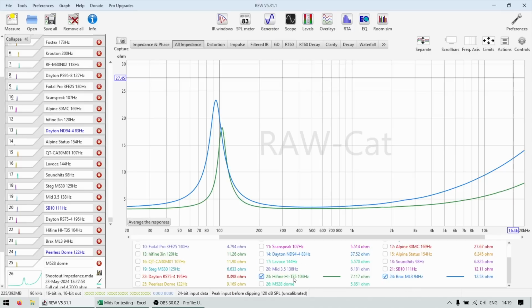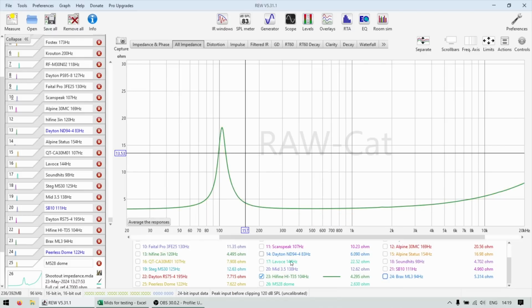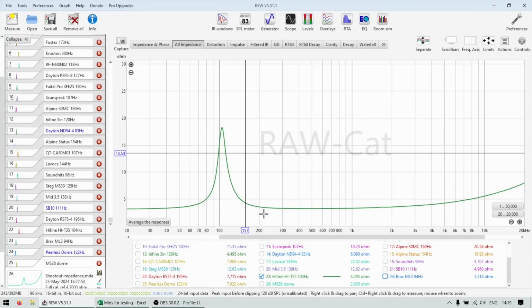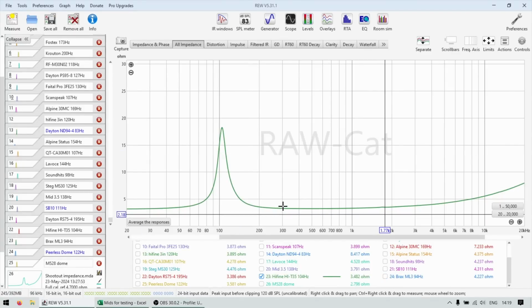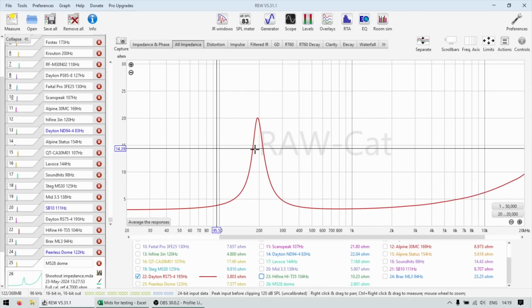The other one, this Chinese one, high T35, whatever, with the low FS. So this is a candidate to be a very good driver. However, this has a very high Q. Not as high, but high, 1.3. But again, you can see smooth, maybe a little something here, maybe, but super smooth. Then the Dayton as well, again, smooth like butter, literally nothing is happening.